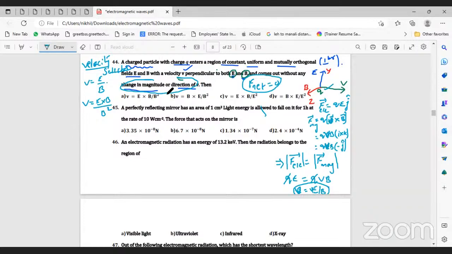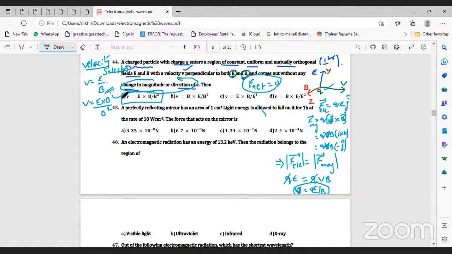So E cross B divided by B squared, or you can say V is equal to E into B divided by B squared. So option A is the right option. Actually, the standard result is V is equal to E by B. But the option is not given in that format.